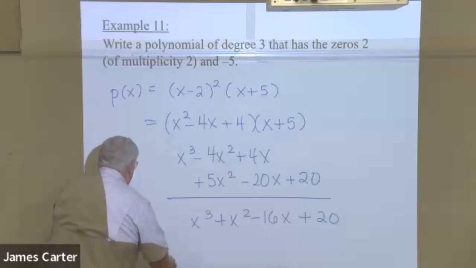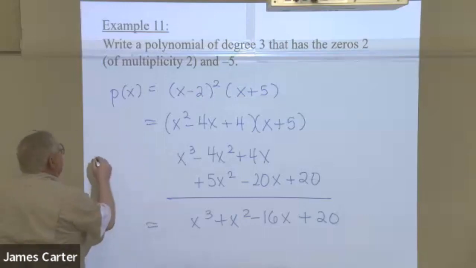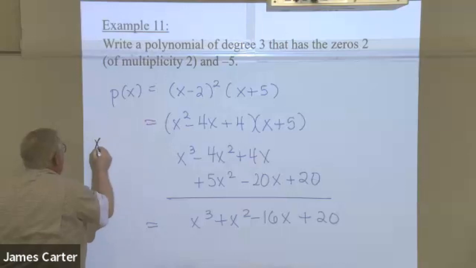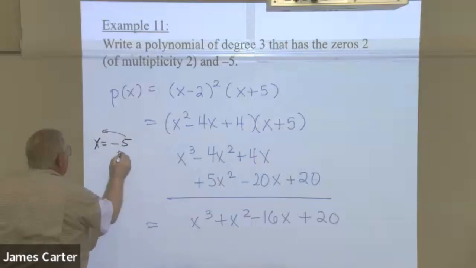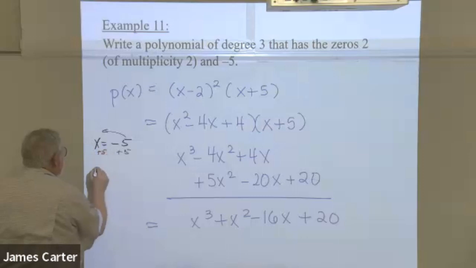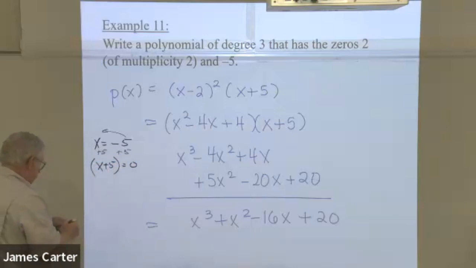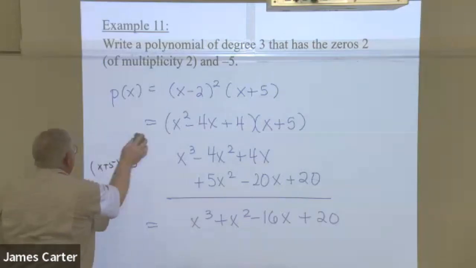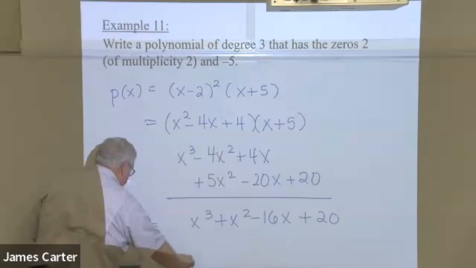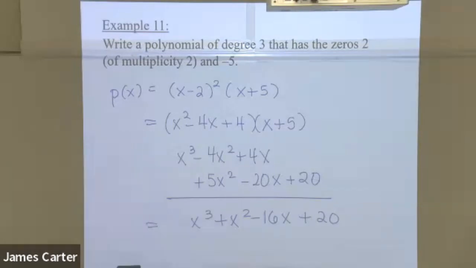Because if x equals -5, take this over to this side, plus 5 plus 5, we would get x plus 5 equals 0.